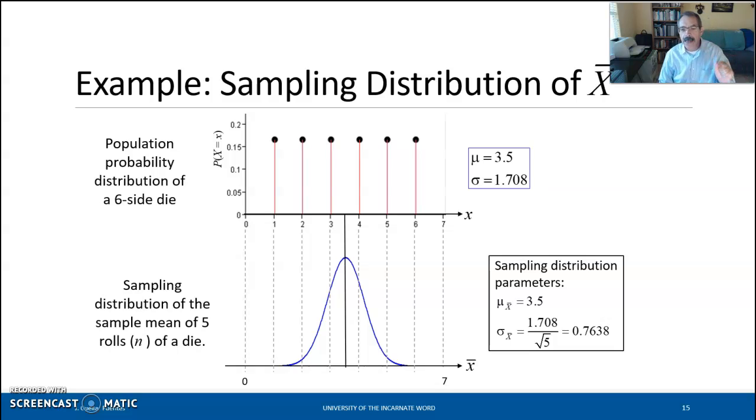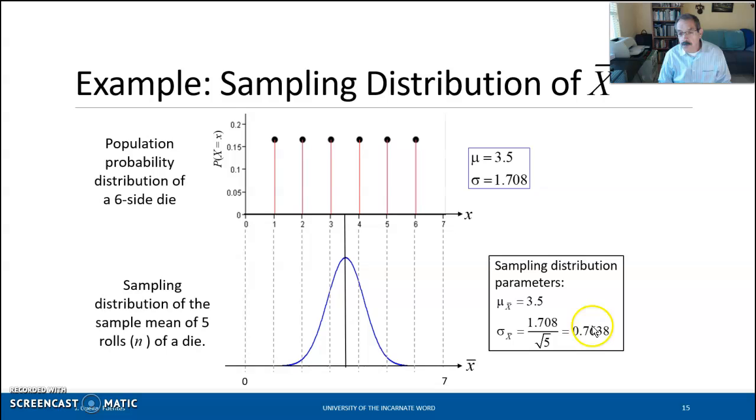Just from that fact, and because I'm taking averages, I know that the mean of the sampling distribution is just the mean of the population, and the standard deviation of the sampling distribution is just the standard deviation of the population divided by the square root of the sample size, which here is 5, and that's 0.7638.